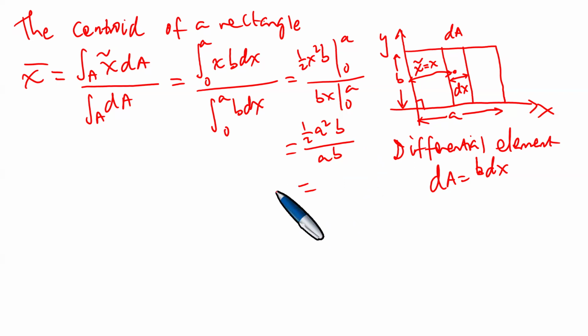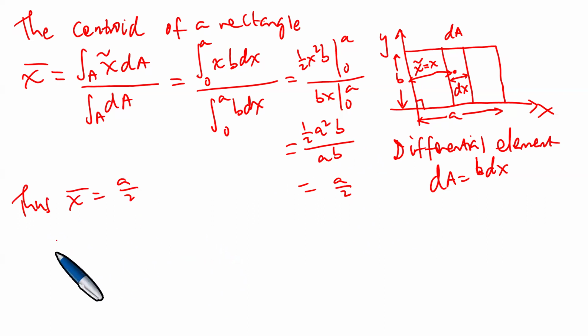So the b cancels and one a cancels, and it becomes a over 2. This means that x bar is a over 2.